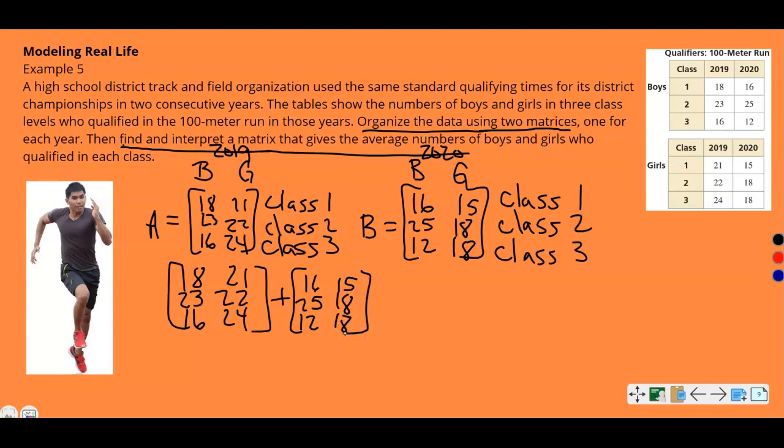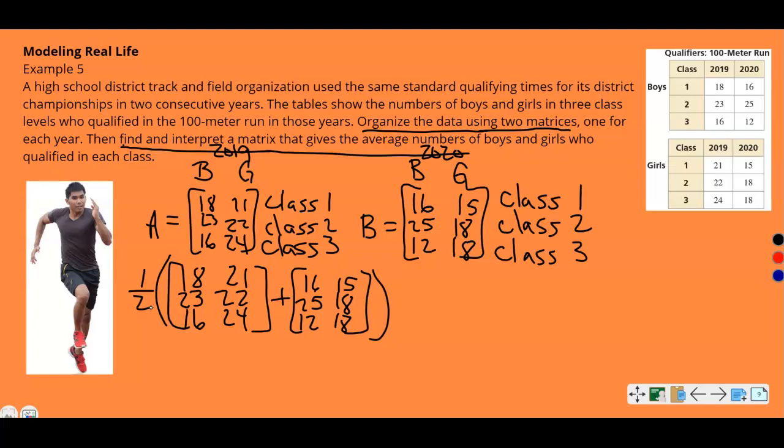We're going to add them up, and then to do the average, we divide by 2. Well, we don't really divide matrices, but we can multiply by 1/2. Multiplying something by 1/2 is the same as dividing by 2. We haven't talked about division across matrices, and that's because we usually just multiply by the fraction.